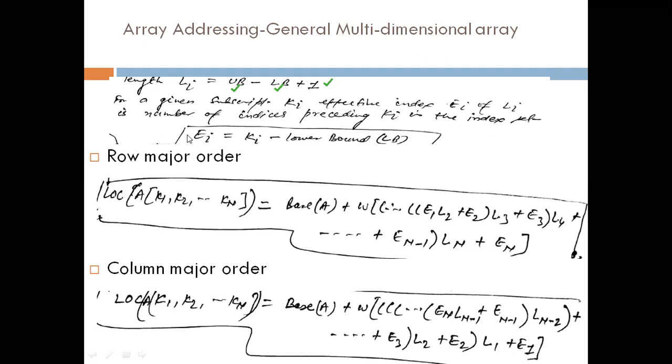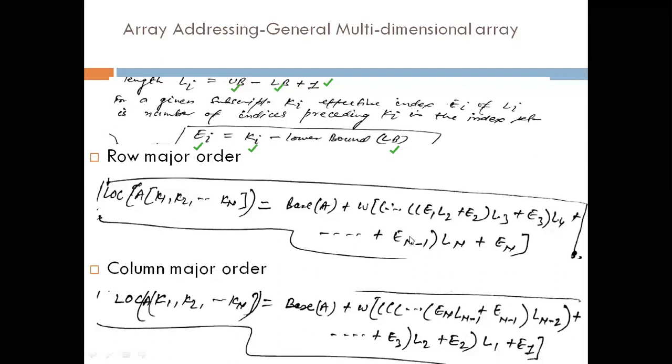So we will compute for each dimension the effective index, Ei equal to ki minus lower bound. So the row major order formula will be as follows, and this is the element for which we want to compute the memory address, k1, k2 to kn. So base address plus W times the previous elements stored.